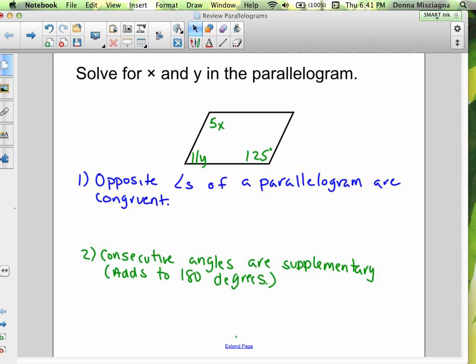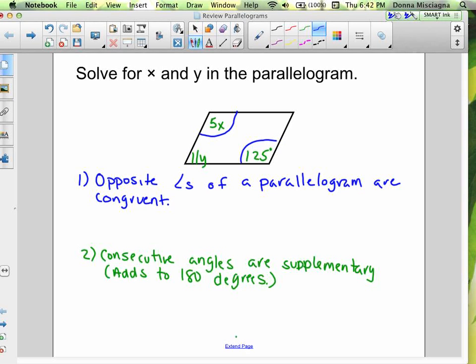All right, so let's use those two to solve for our missing variables. Opposite angles of a parallelogram are congruent. If we look at the diagram, these two angles here are opposite one another, on opposite sides of the parallelogram, from corner to corner.